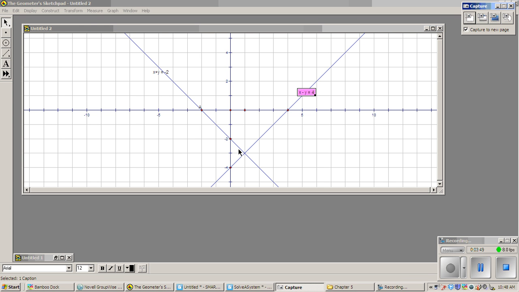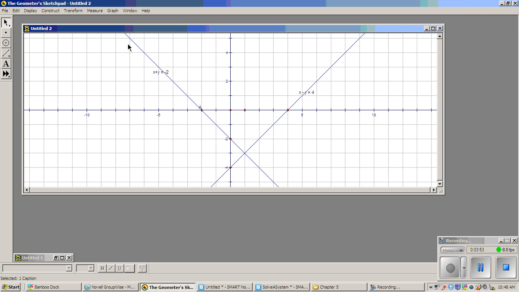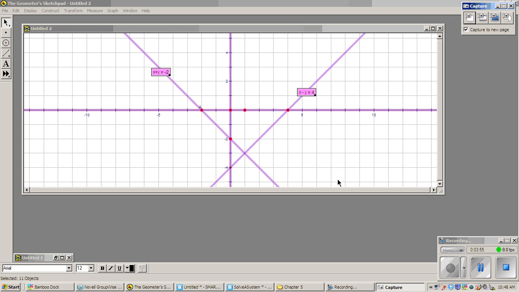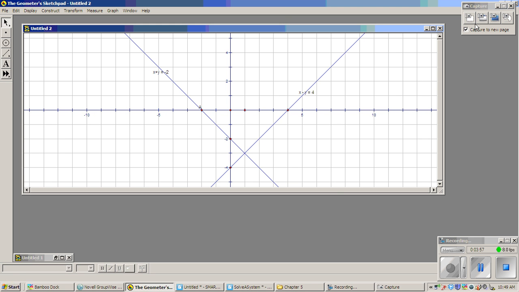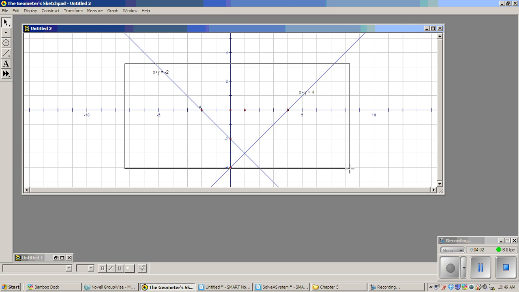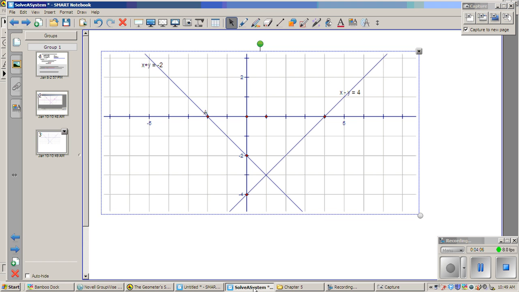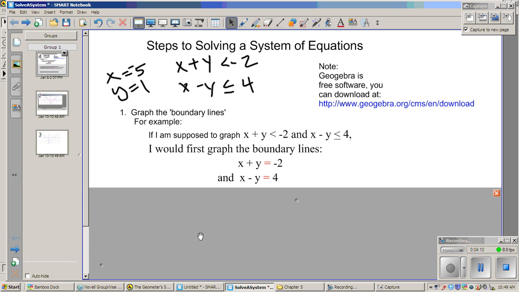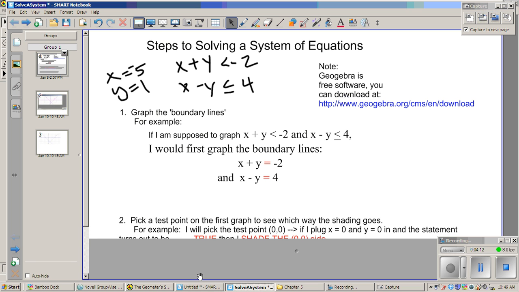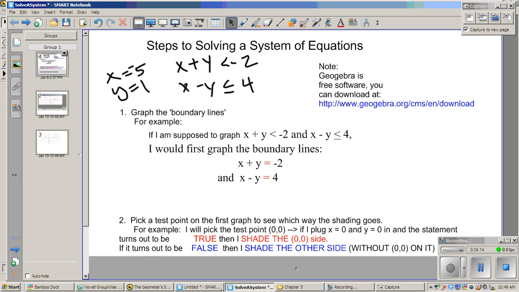So now that I have those two, I'm just going to take this graph over, and I am going to see which way the shading goes. So we'll go back over here, and now I'm going to start thinking about shading. When I shade, what I do is I pick a test point.